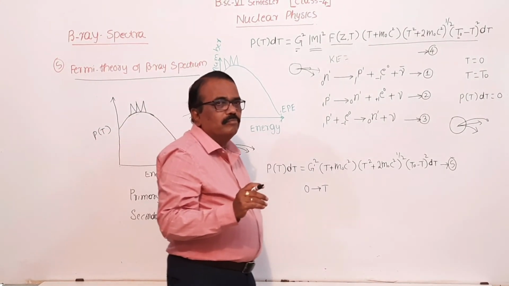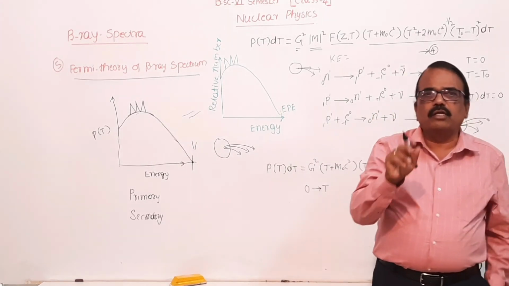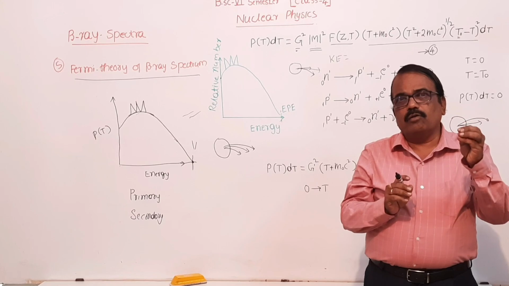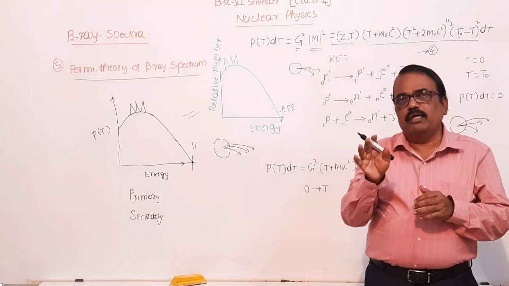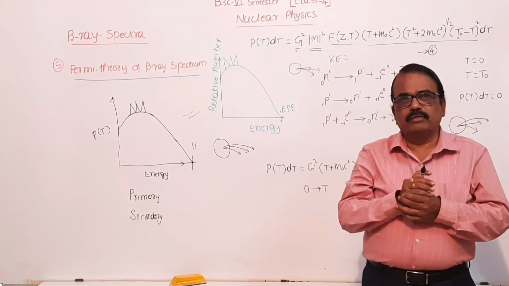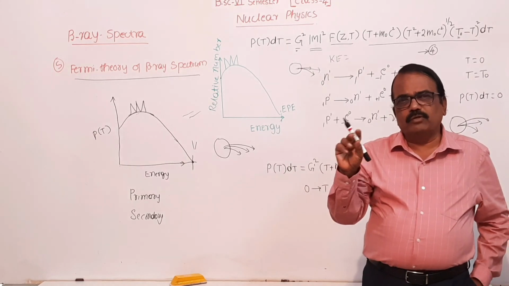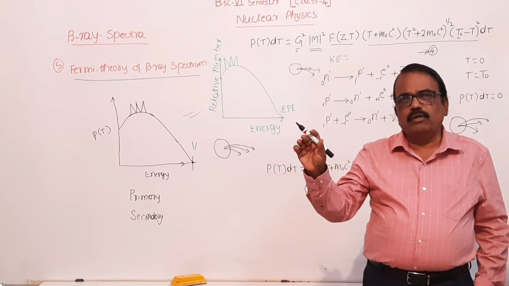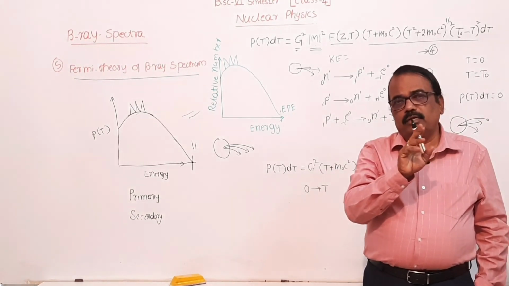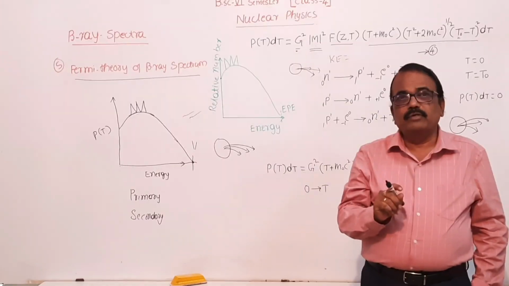Then the secondary electron or internal conversion electron: these electrons are knocked off from their shell by gamma radiation. When gamma rays come out from the nucleus, on their path they find some electrons in the K, L shells, etc., and that gamma ray removes the electron from the shell.